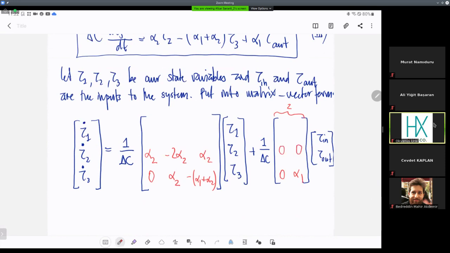Similarly, for the first equation, I don't want to scroll up, but we will have minus (alpha 1 plus alpha 2) times tau 1 plus alpha 2 times tau 2, no tau 3, and I will have alpha 1 times tau in and no tau out term.